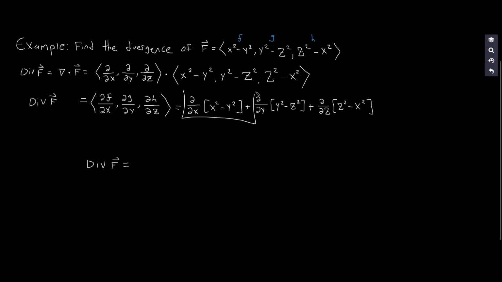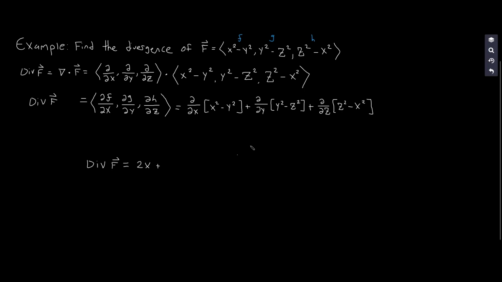So what's the partial derivative with respect to x of x squared minus y squared? In other words, what's the partial derivative of f with respect to x? Well, the derivative of x squared is 2x, and since we're taking the partial derivative with respect to x, y gets treated as a constant, so it's minus 0, and that's just going to be 2x.